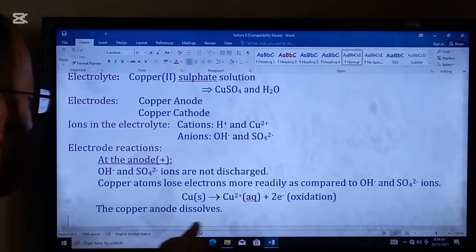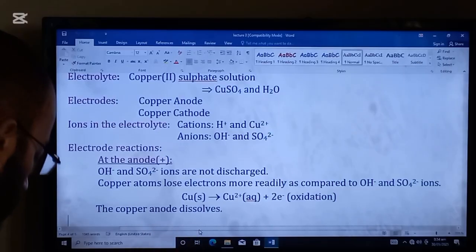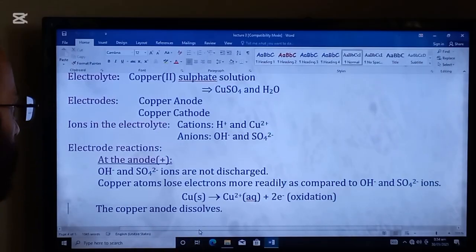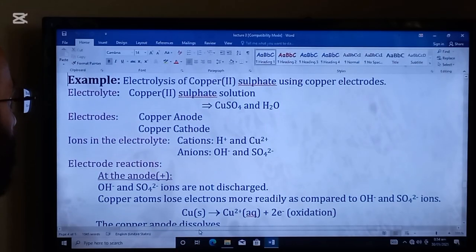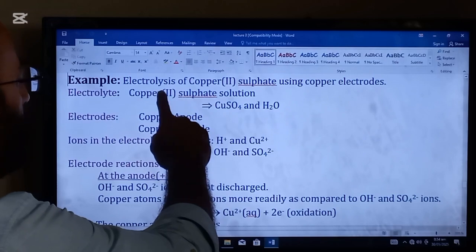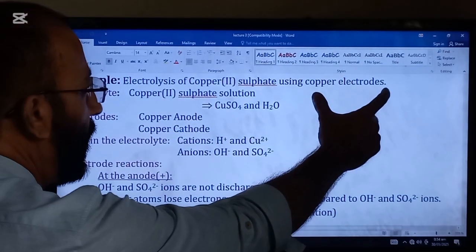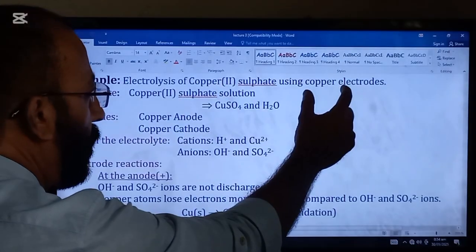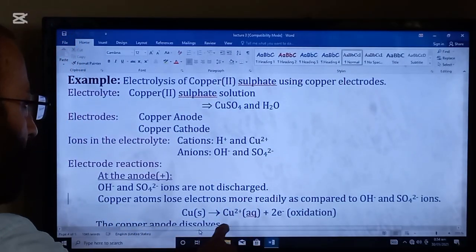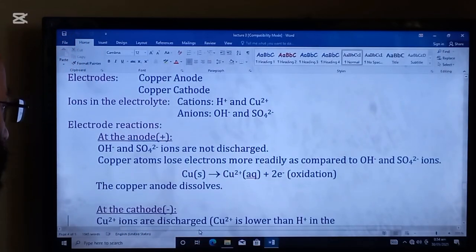This is an oxidation process. The copper anode dissolves. So the point to remember is that in the electrolysis of copper sulfate, copper electrodes are there. So, copper, that's why copper will be discharged.